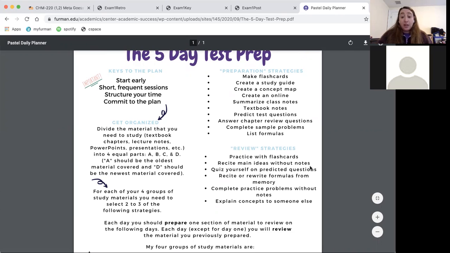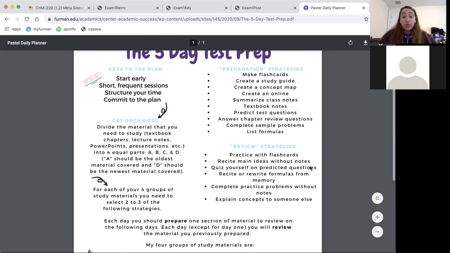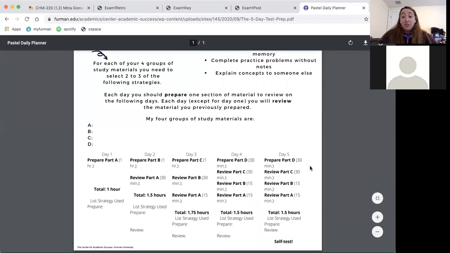That's where we tend to have a downfall, because we're trying to jam everything into our brain, and we've got nerves and test anxiety, and it's not necessarily productive. So each day before an exam, you should be spending time preparing and reviewing.